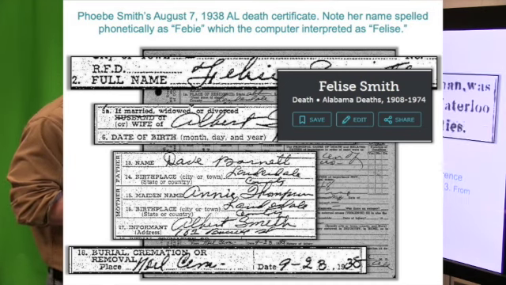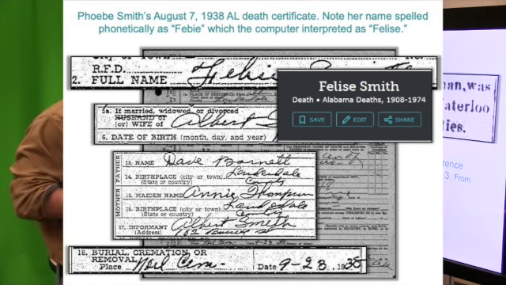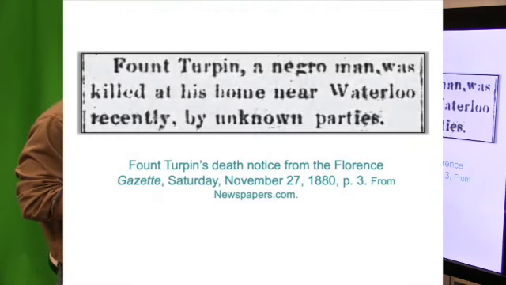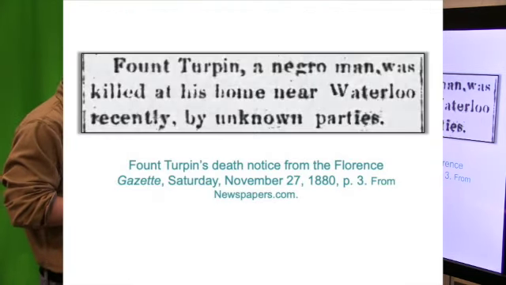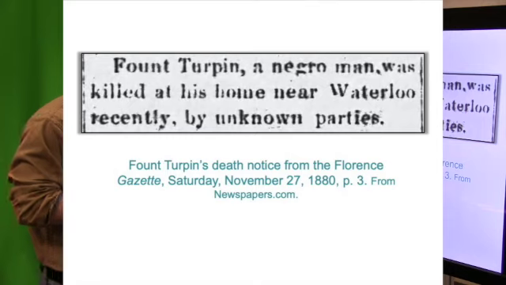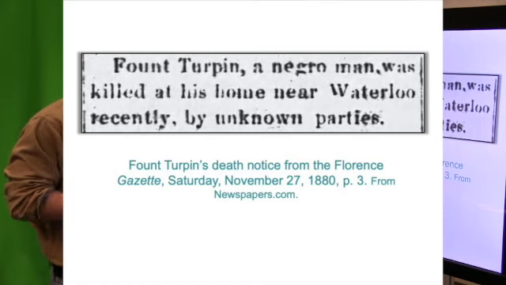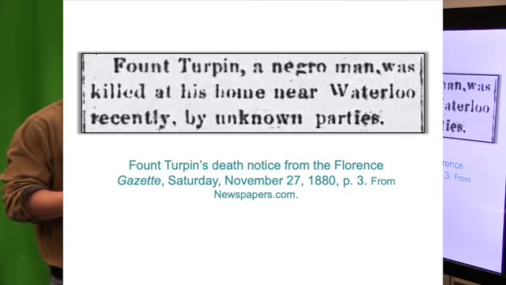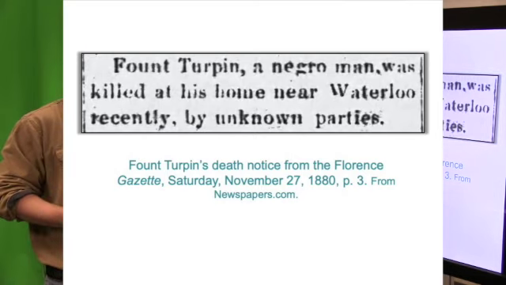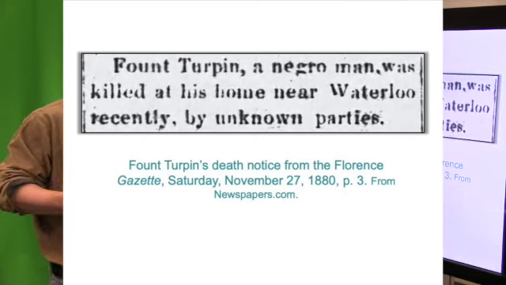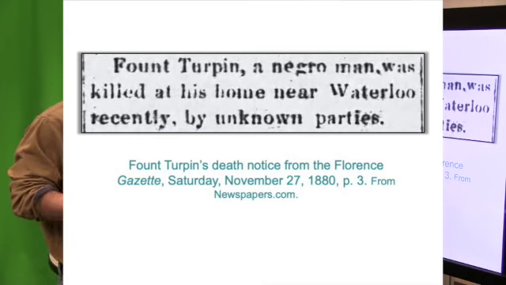Another type of generally easily obtainable death records are obituaries and death notices. This is one for an African-American man named Fount Turpin from Saturday, November 27th, 1880, from newspapers.com. And they do have several local titles for Florence and for Lauderdale and Colbert counties online.